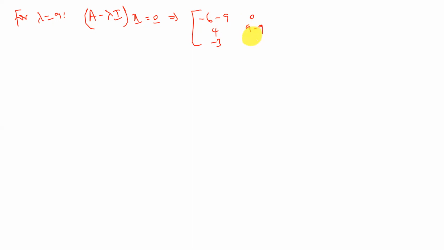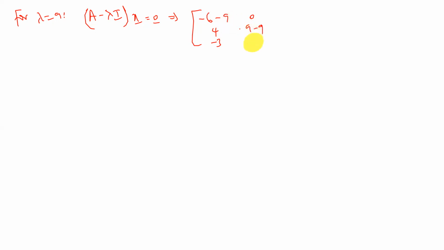For lambda equals 9. This is just like before: A minus lambda times the identity matrix, times the vector x, equals the zero vector. Minus 6 minus 9. 9 minus 9.